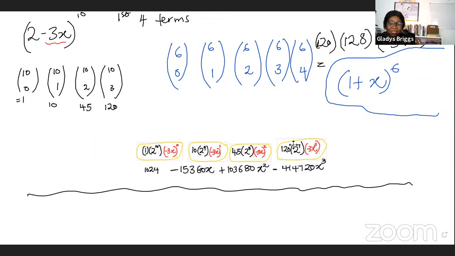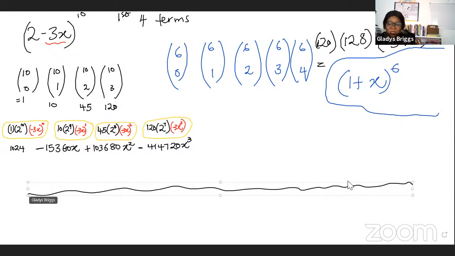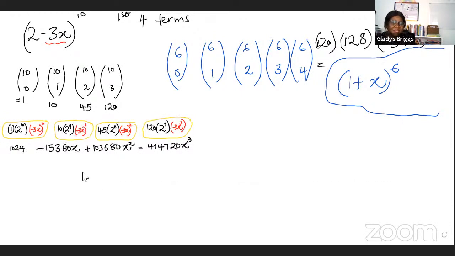Okay, so we got some space now to work. So here you should have 6 choose 4.